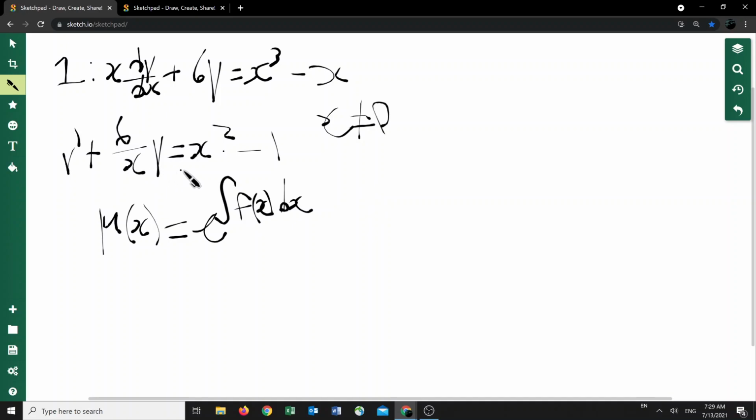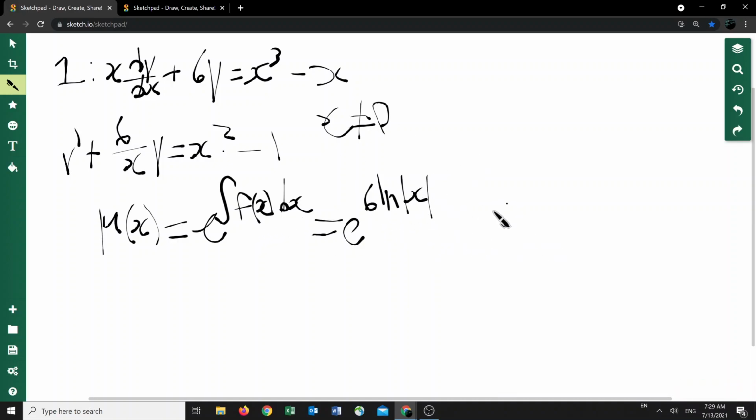Later we're going to find an interval for this, and that'll be useful for us. Well, how do we continue? If we integrate this function, it's a very basic integral. It's just 6 times the natural log of the absolute value of x. Don't forget this absolute value.